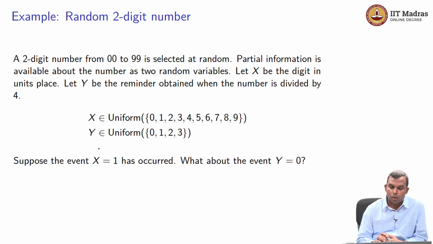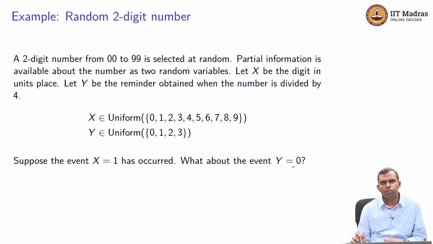Supposing somebody told you the event x equals 1 occurred, which means the last digit is 1. And then if you were to look at the event y equals 0, what do you think will happen here? Can y be 0 if x is 1? That's not possible, right? Any number that ends in 1 cannot be a multiple of 4.